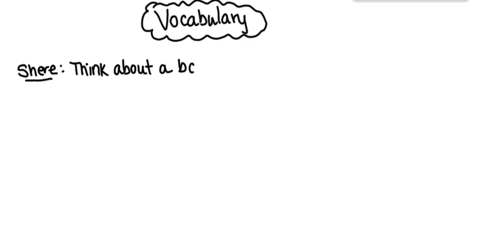So the first shape that I want to talk about, I think, is the hardest one to draw. It's the sphere. And when I think of a sphere, I think about it like a ball. So a tennis ball, a soccer ball, a volleyball.